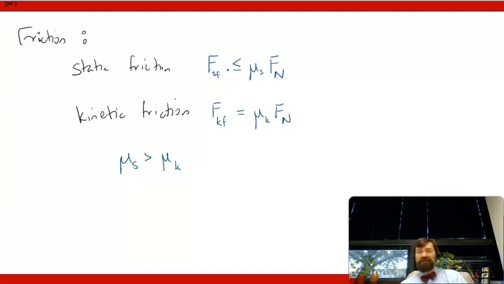Why is that? Well, because if you slam on the brakes and they lock and your car starts skidding, then you go from having static friction to having kinetic friction, which also means that you have less force to slow your car down, which means that you suddenly have a longer stopping distance, which means you're actually more likely to hit whatever it is that you're braking to avoid hitting.